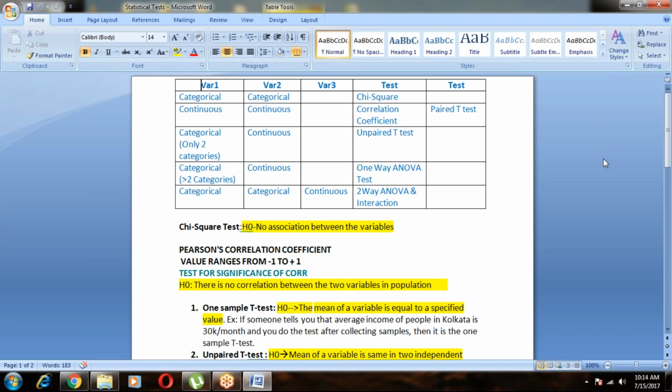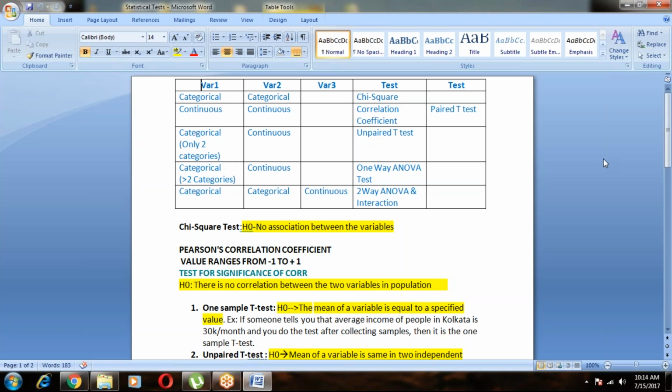Another example: suppose I predict my average sale would be 500 units, but actually I observe 300 units. So I'm comparing my predicted and my actual or observed value. This is also an example where we can use the paired t-test, because here also we are considering only a single variable. Only the situation has changed. So there we use the paired t-test.